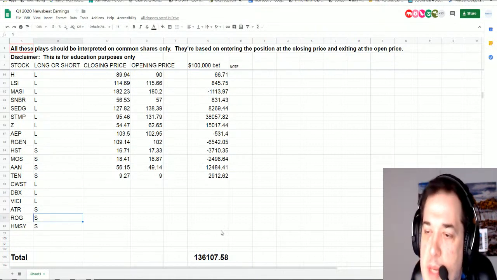But the thing is, it all started in a way to help the bigger traders in the room. In the Newsbeat Live community, as far as I know, and again, I don't ask people for statements, we have the most diverse community when it comes to actual buying power.